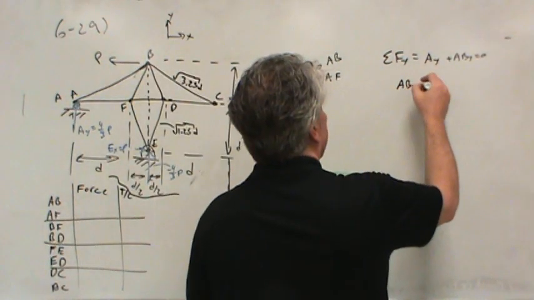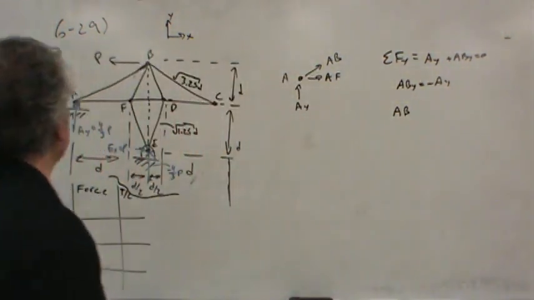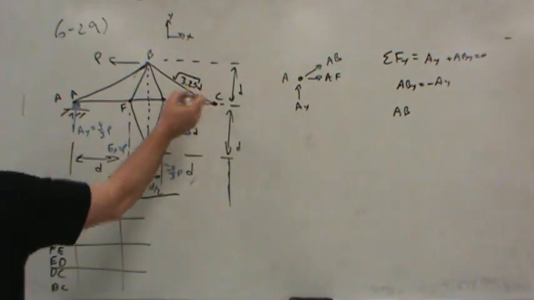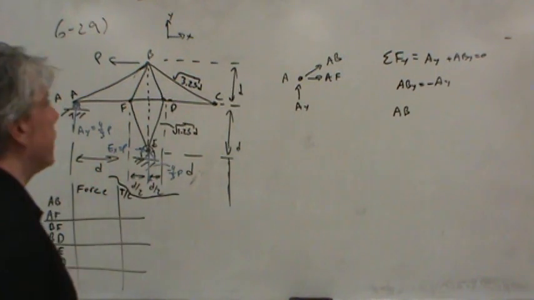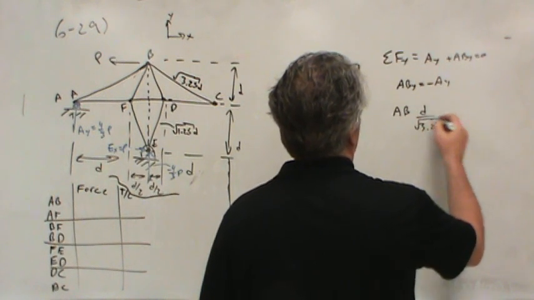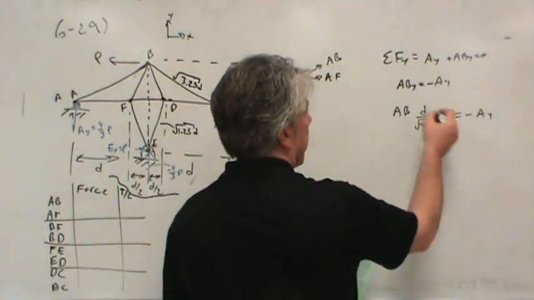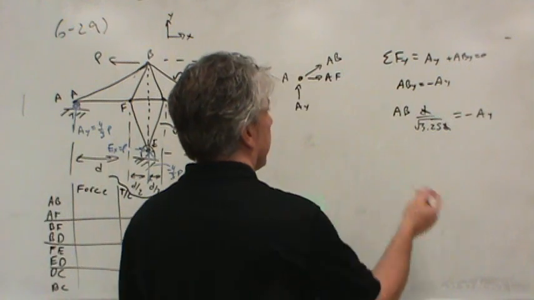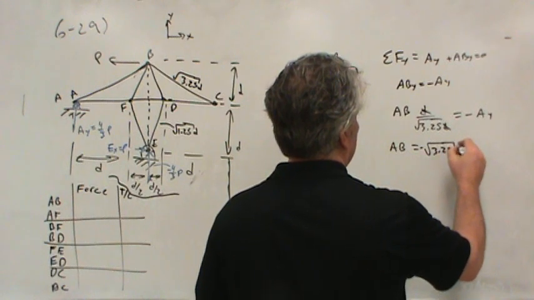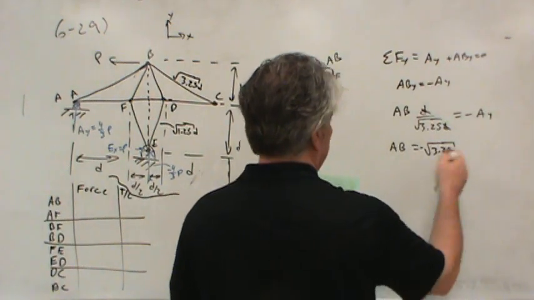So AB in the Y direction should be the negative of AY. Let's see. This is AB. Its vertical component is D over root 3.25 D. That's our factor to multiply by in order to get the Y component. Now obviously the two D's cancel, and what we'll end up with is AB is negative root 3.25 of AY, but AY, well, you know what, I'm doing that too fast.